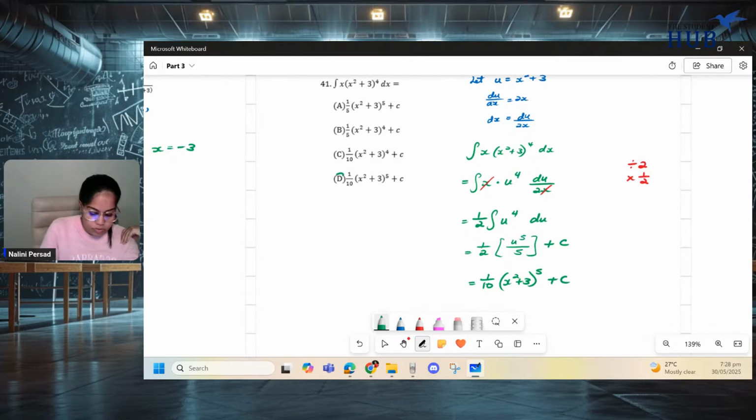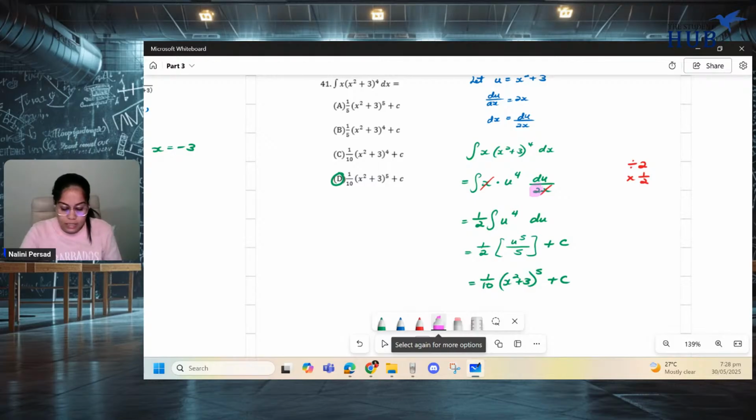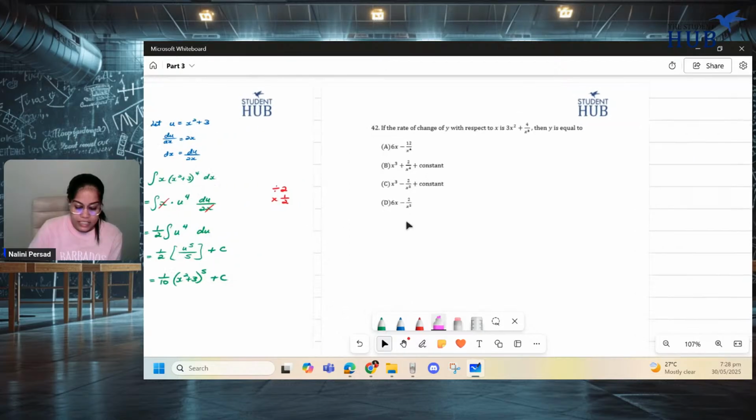Don't forget that you had a 2 here to consider. So 2 by the 5 gave you 1 over 10. So that's the answer there. Make sure to watch out for that. It would have been 1/10. Option D.